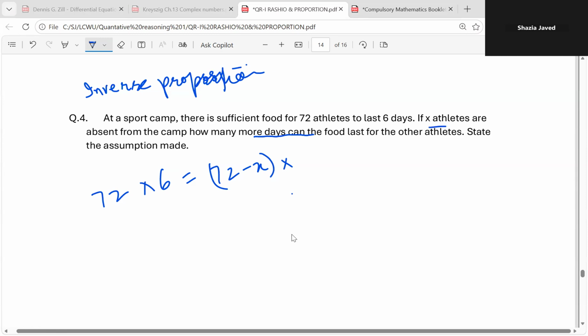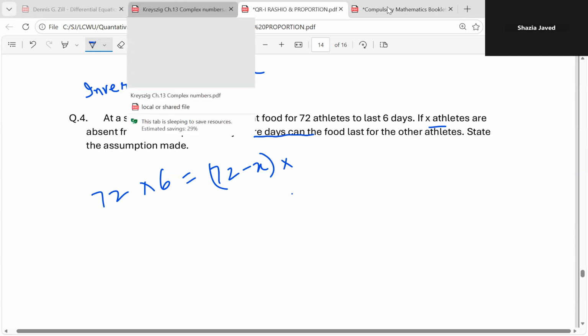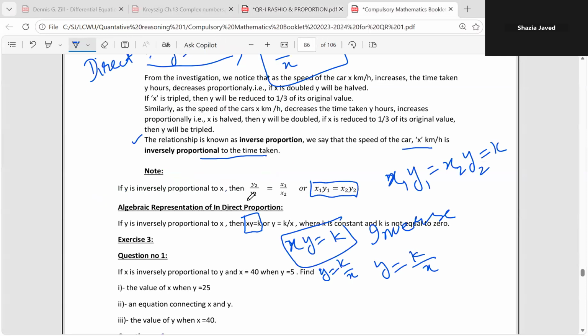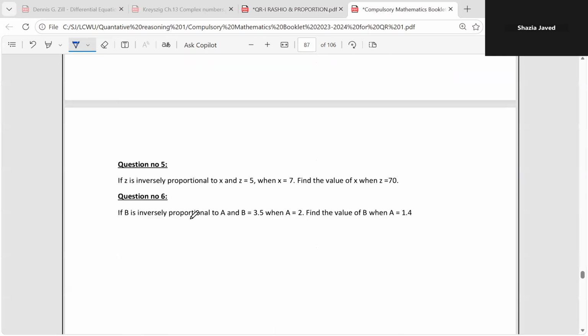If x athletes are absent from the camp, then how many more days can the food last for the other athletes? State the assumption made.